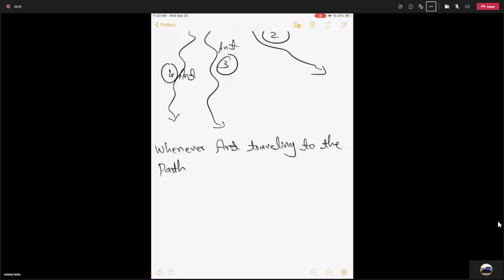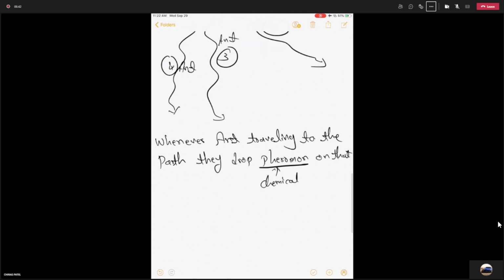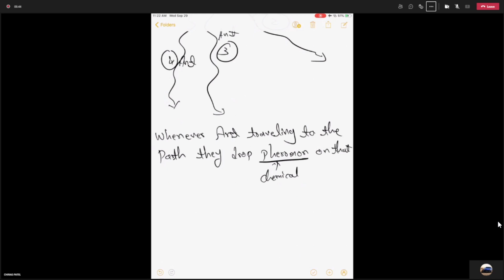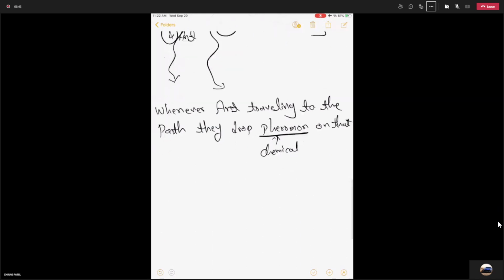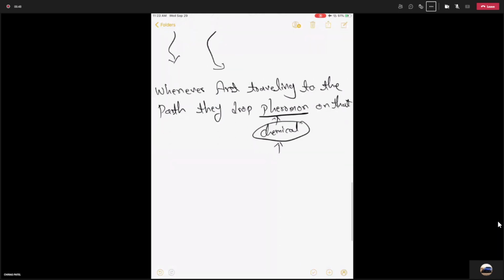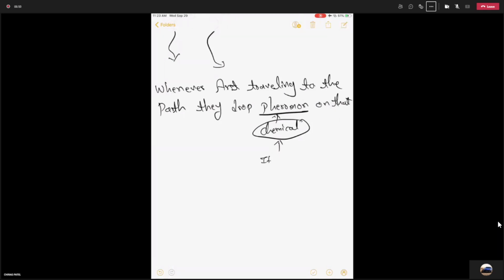they just deposit a basic chemical on the path which they are visiting, right? Even this chemical has one property: it evaporates with time, right?